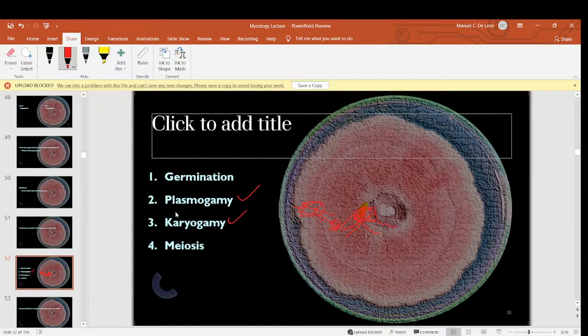From the name itself, karyo, this is the combination of the one positive and the one negative mycelium, and their nuclear structures will fuse together and form the primitive structures of a basidium.